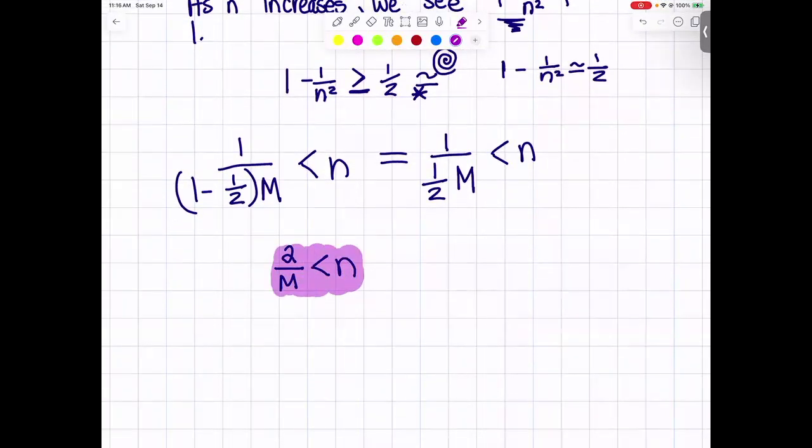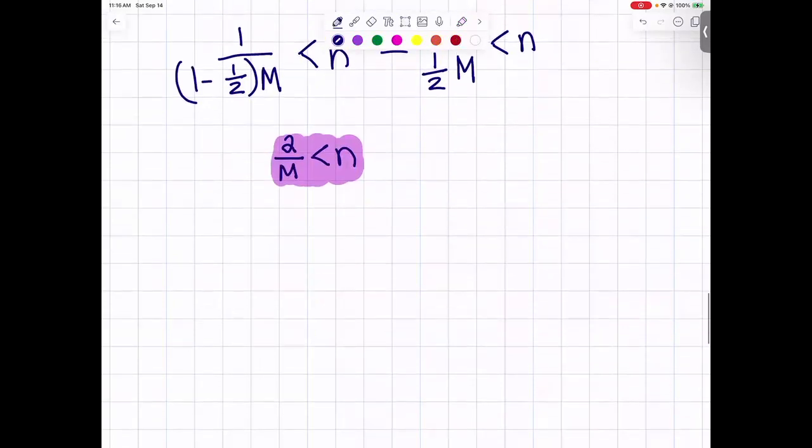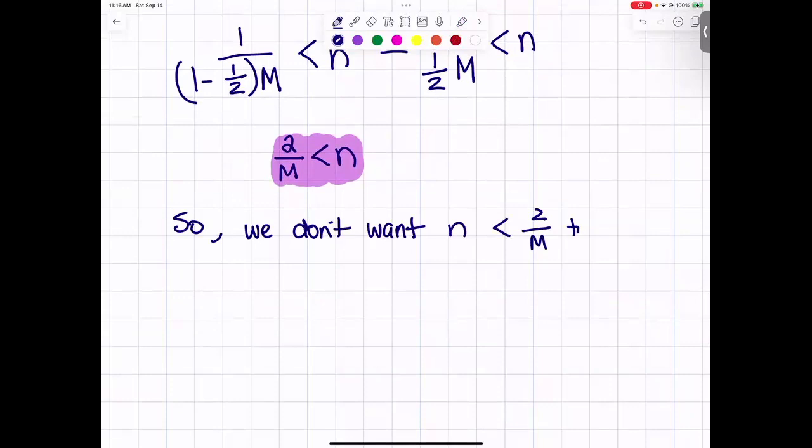So I'll write this down. We don't want n less than 2 over m to avoid negatives, right? We don't want those negatives in there. So that's why we're going to avoid that.